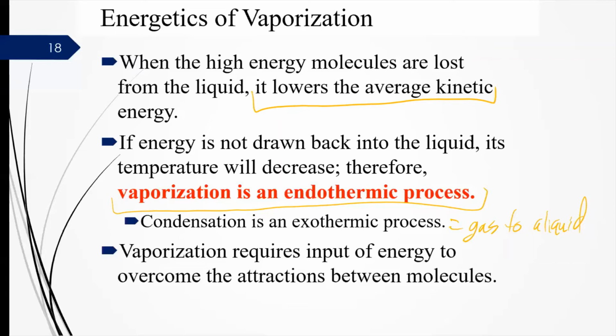And so then it tries to gather in energy to replace it, and that's where you start to feel that cooling impact. And so that's how your body sweating ends up trying to cool you down, because vaporization is an endothermic process. You can also imagine that for something to go from being a liquid to a gas, it requires us to input energy to overcome those attractions. So vaporization is an input of energy.